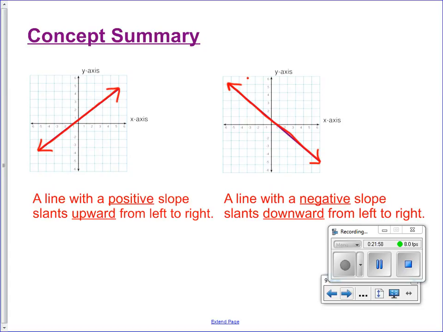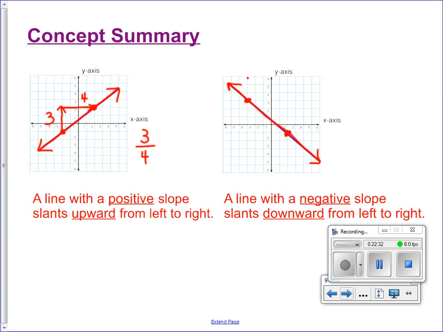All right? And we can prove this by taking a couple points, if you wish. Let's pick a couple where they look like they go through the grid lines here. My slope here would be up 1, 2, 3, and 1, 2, 3, 4. So this would have a slope of 3/4, which is a positive number. On this graph right here, let me pick a couple points.